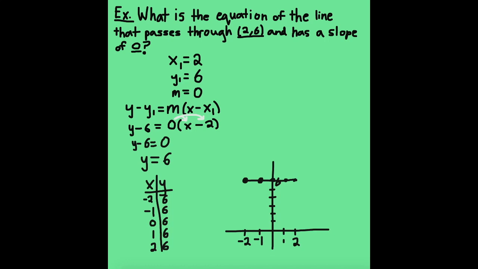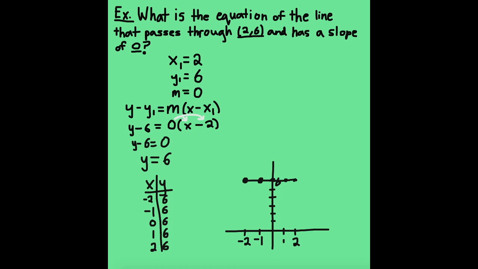When x equals -2, y equals 6. And when x equals -1, y equals 6. So we are essentially moving across 1 unit, but we are not moving up any units.